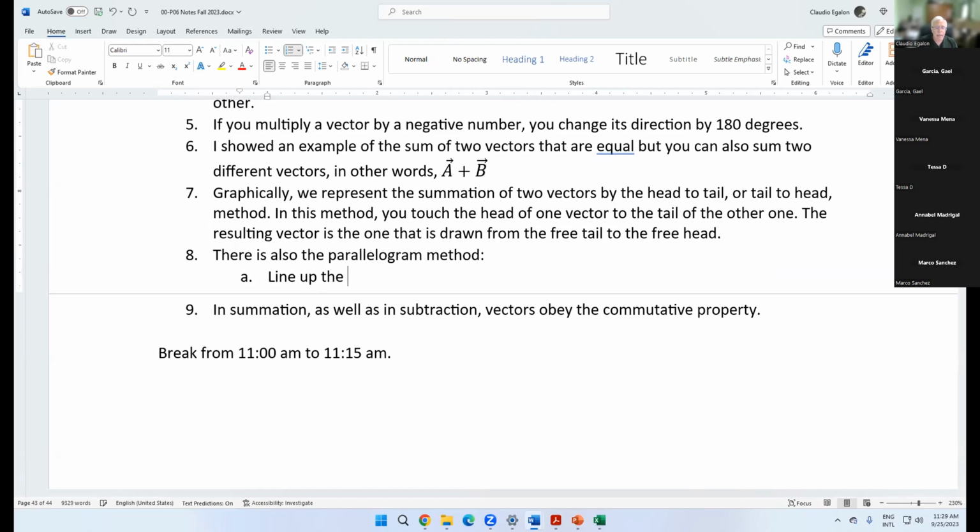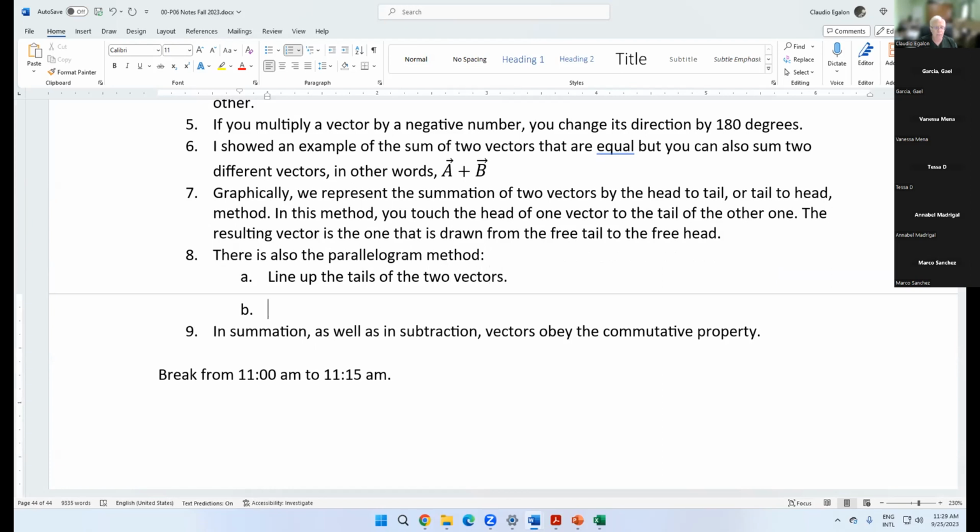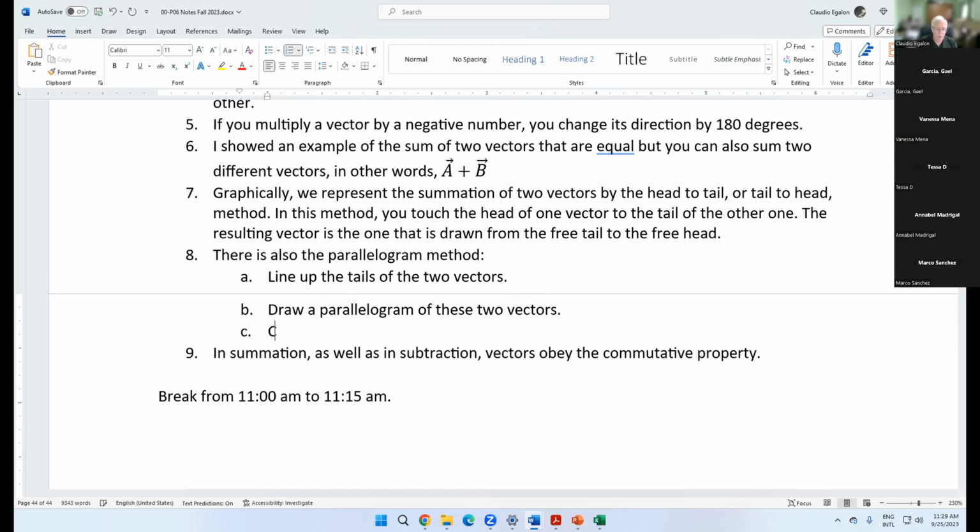Line up the tails of the two vectors, right? Draw a parallelogram of these two vectors. Connect the two tails to the two heads.